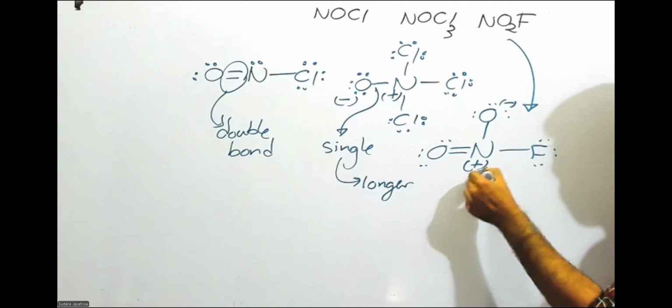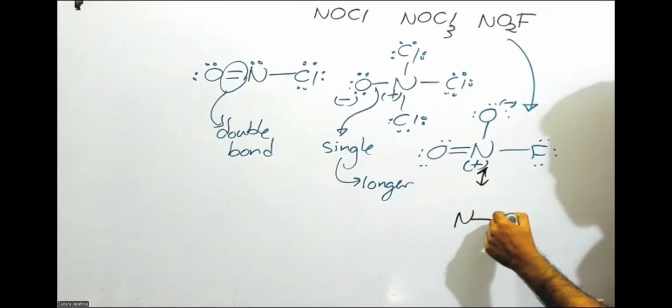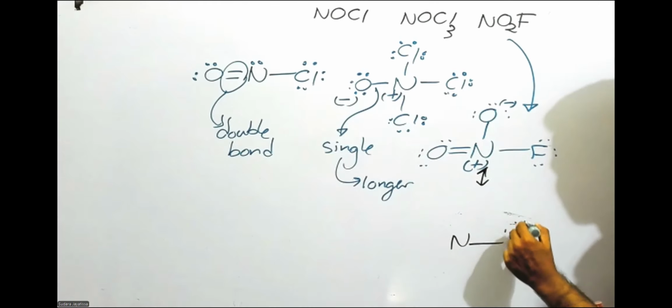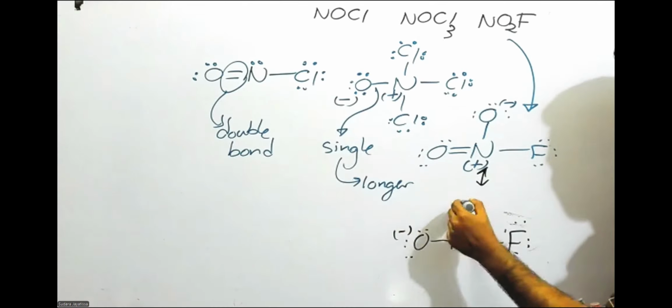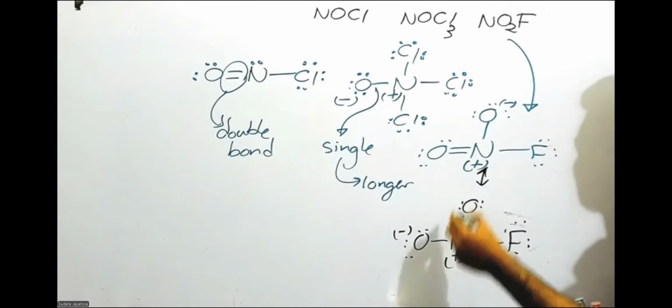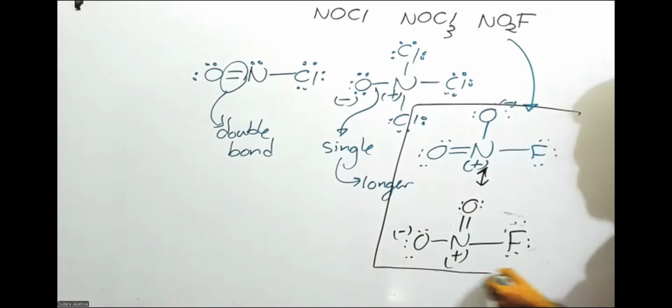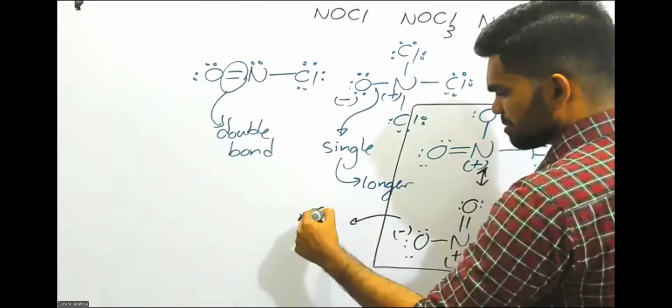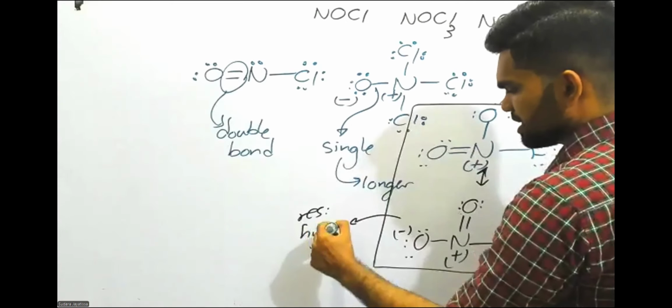So that means this structure has another resonance structure. So don't jump to conclusions. This is showing resonance. So then what is the actual NO2F molecule? The actual NO2F molecule is a resonance hybrid of these, the real structure.